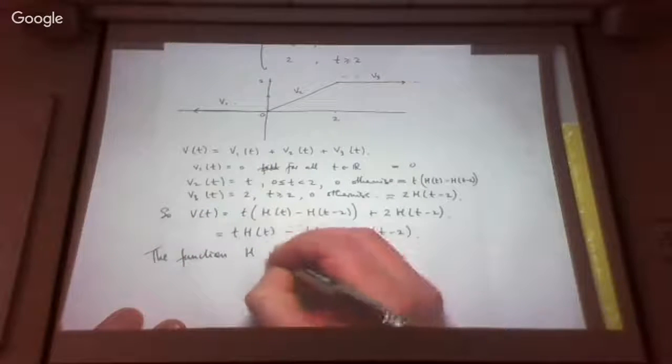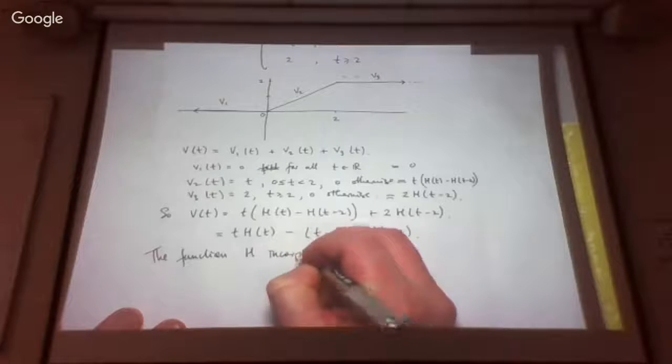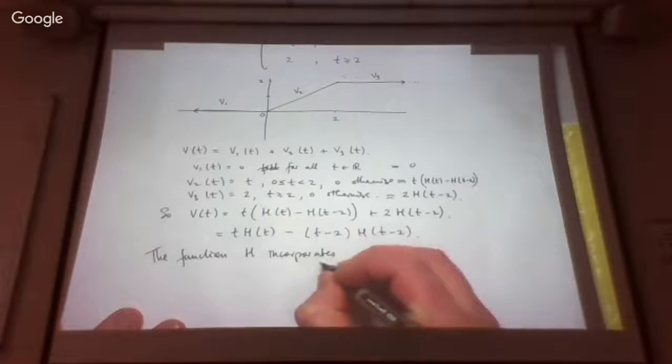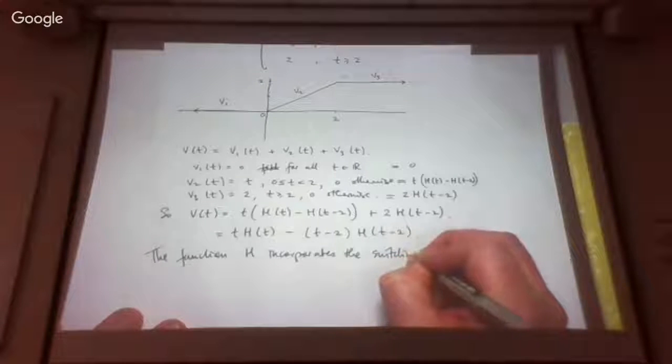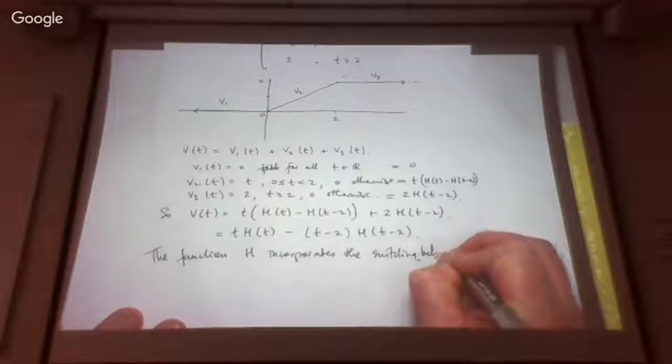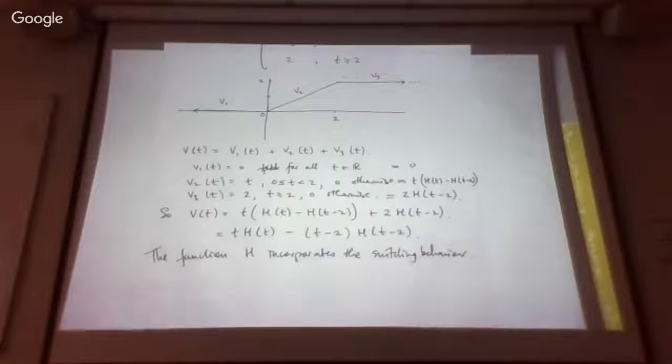So the function h embodies the switching behavior, and it gives us this single function that can do that switching job in various ways.